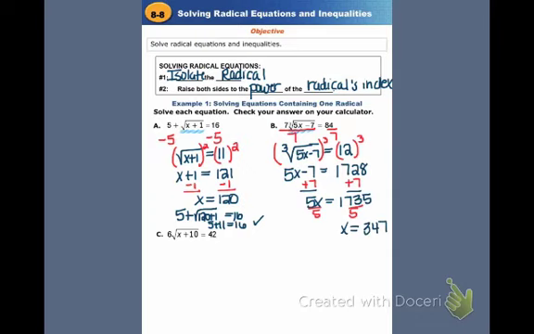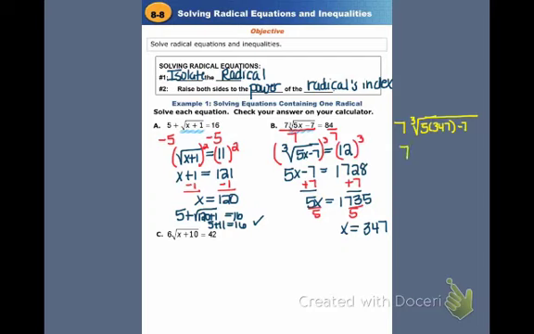So if I go back to the original, I want to know what 7 times the cube root of 5 times 347 minus 7 is. I want to see if it actually is equal to 84. So I take 5 and multiply it by 347, and 5 times 347 is 1735.